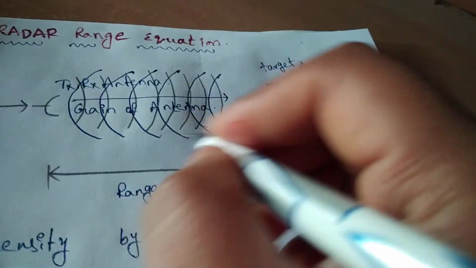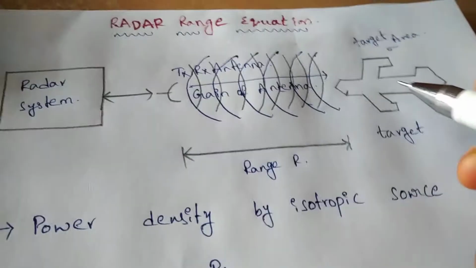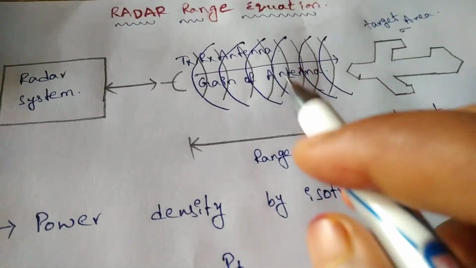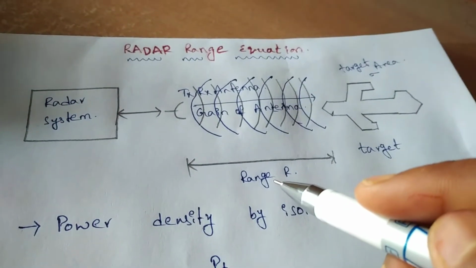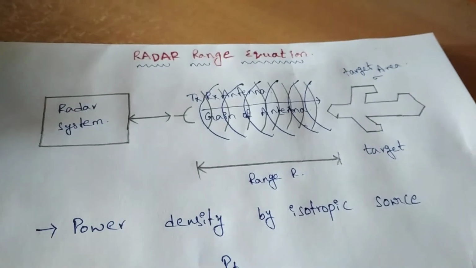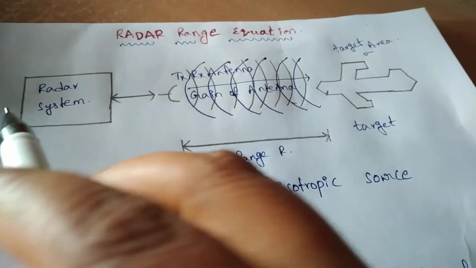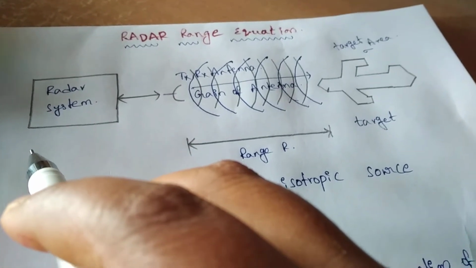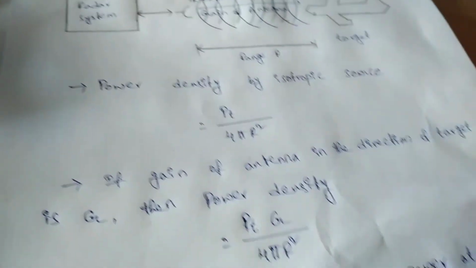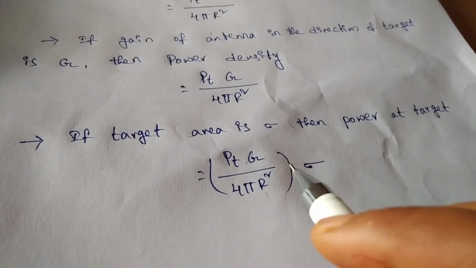This is the reflected signal, and this reflected signal comes at the radar system. So as we calculate the power density of the reflected power at the radar system, it will be this power which we have recently calculated.